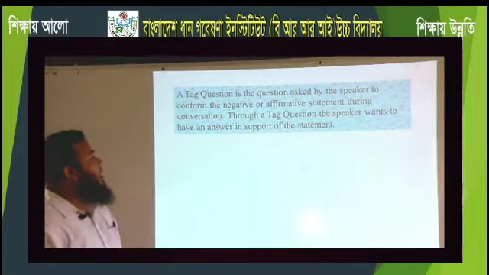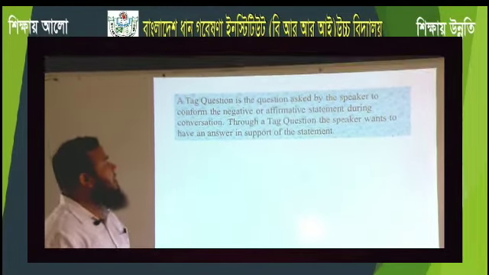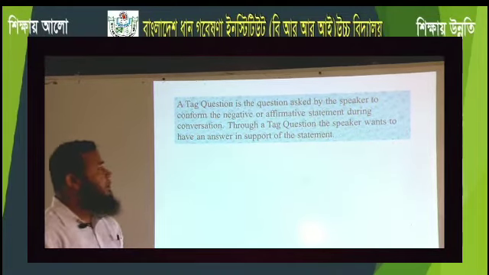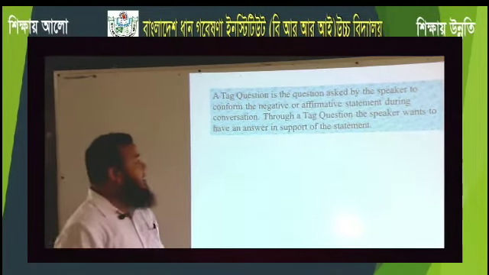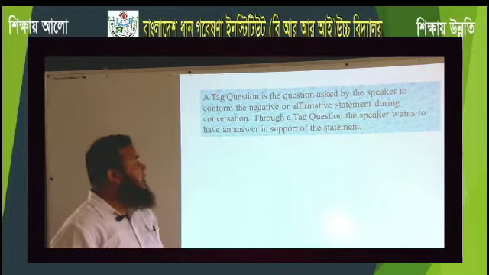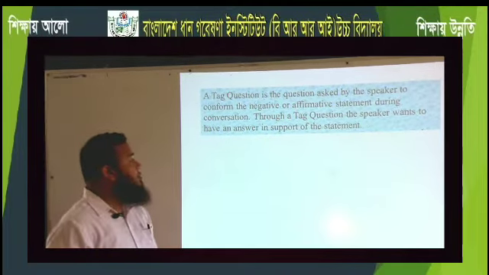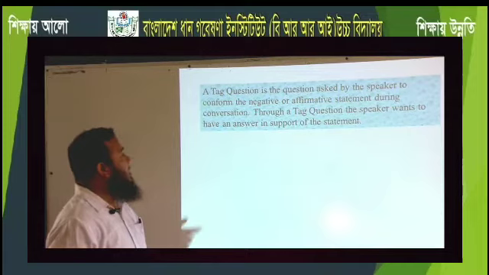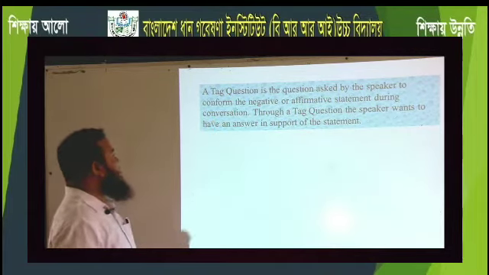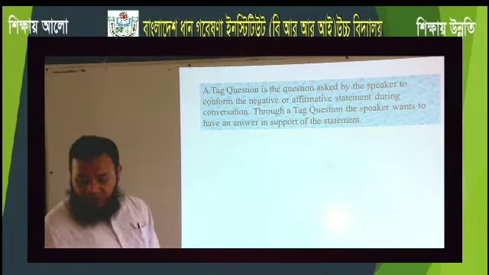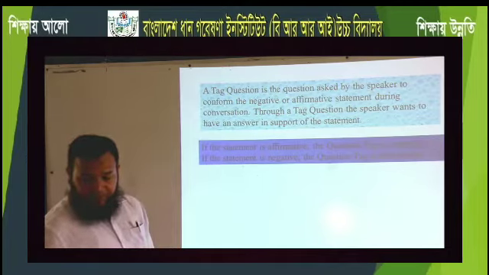That means a tag question is a question asked by the speaker to confirm whether his sentence is affirmative or negative, and it is used during the conversation.